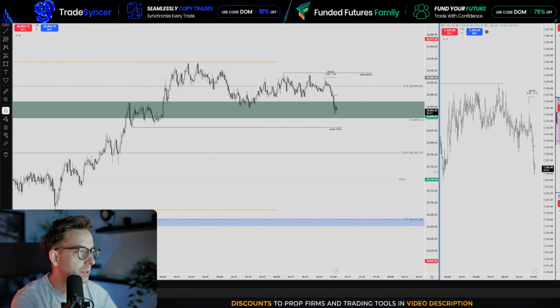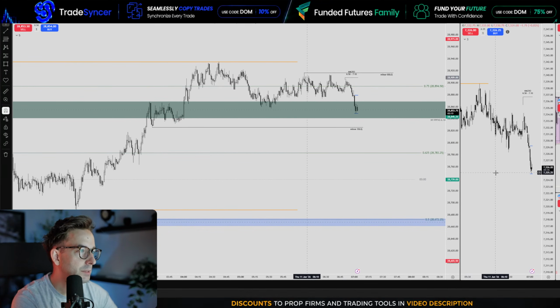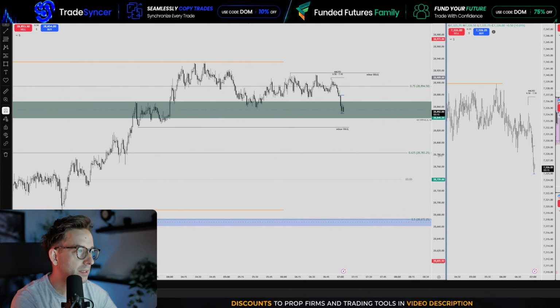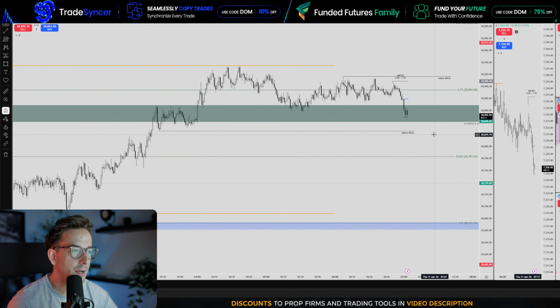Let me see here quickly. Was there SMT? Technically there was SMT between ES and NQ. Again, nothing significant that I see from my end, but the shorts look here. Like, where's the shift in market structure? Like, we pushed up.